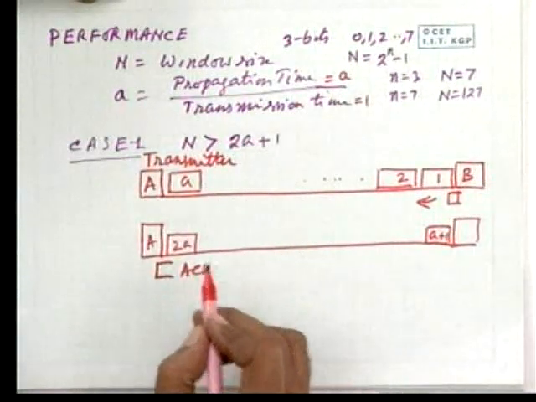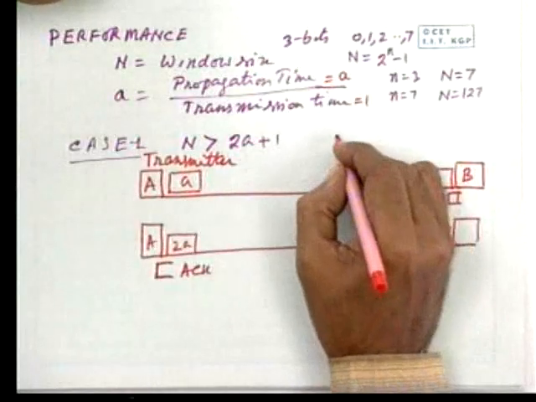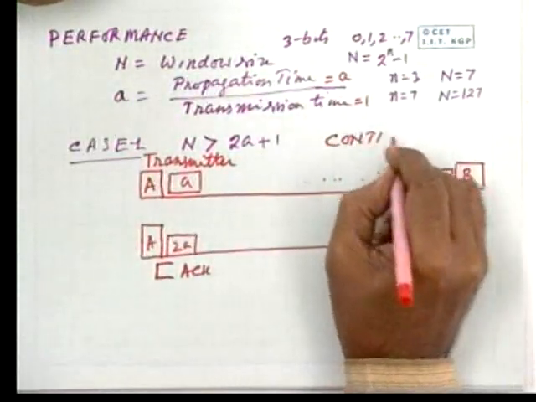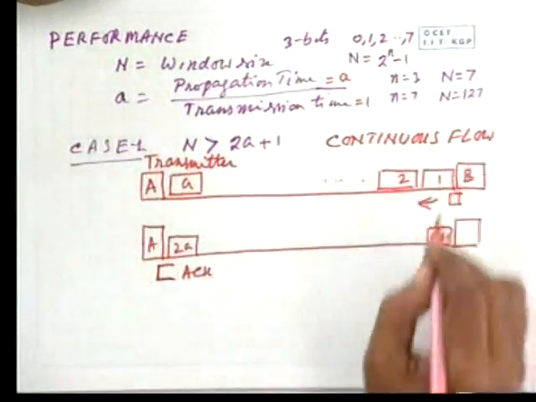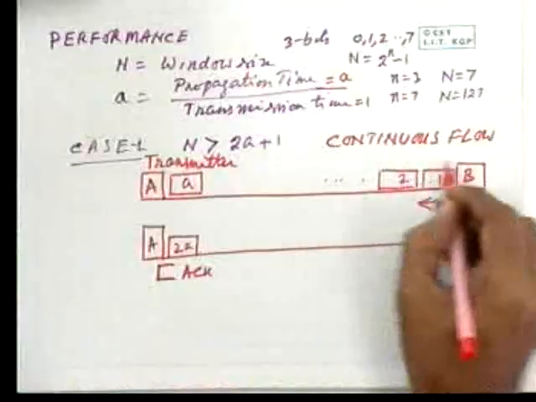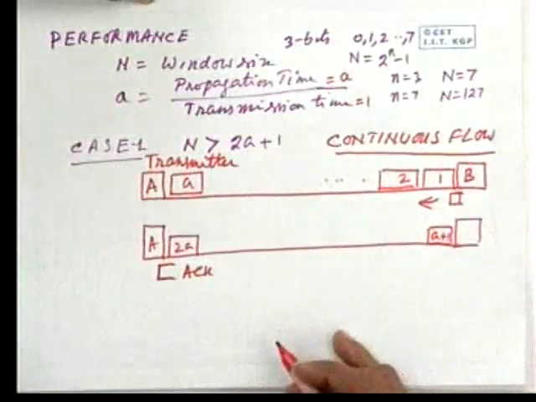So the window does not get exhausted in this situation, and it will have a continuous flow of frames one after the other, just like a pipeline. As the water flows continuously, in a similar way you will have a continuous flow.